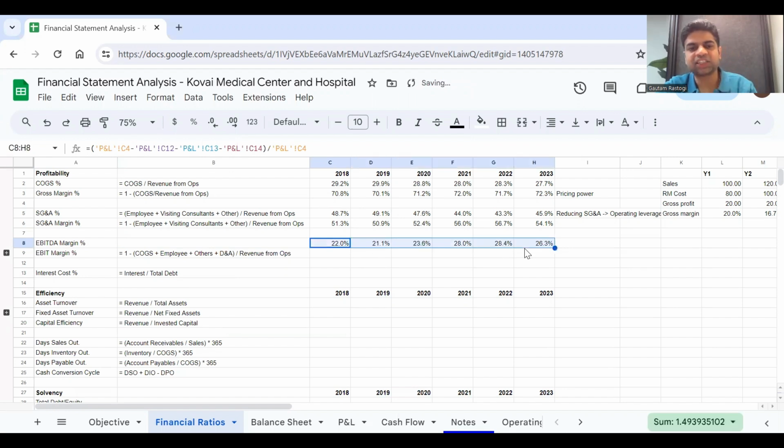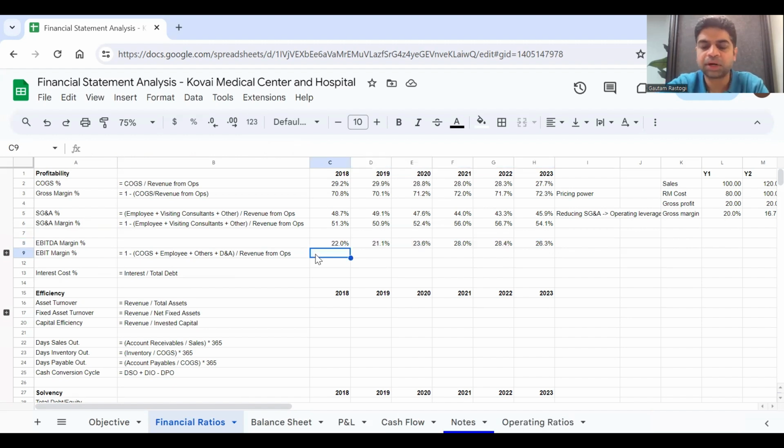No surprise, it has been on an increasing trend because both COGS and SG&A have been reducing. That is, both gross margin and SG&A margin have been increasing. That's why EBITDA margin would increase as well. And the second measure of operating performance is EBIT. You have to exclude depreciation and amortization from sales as well, and then you'll get EBIT.